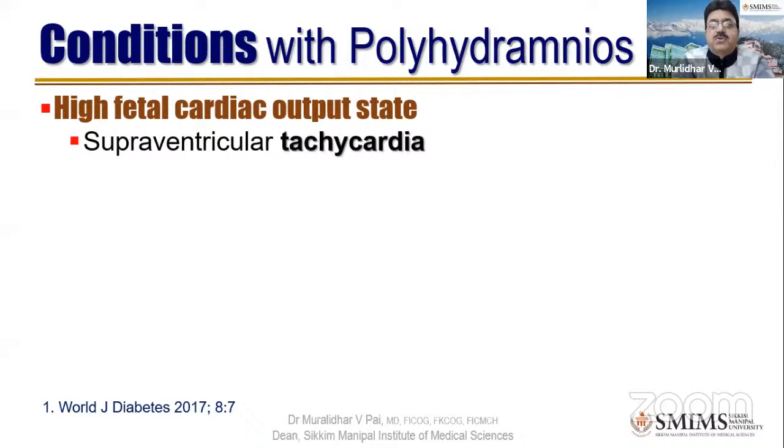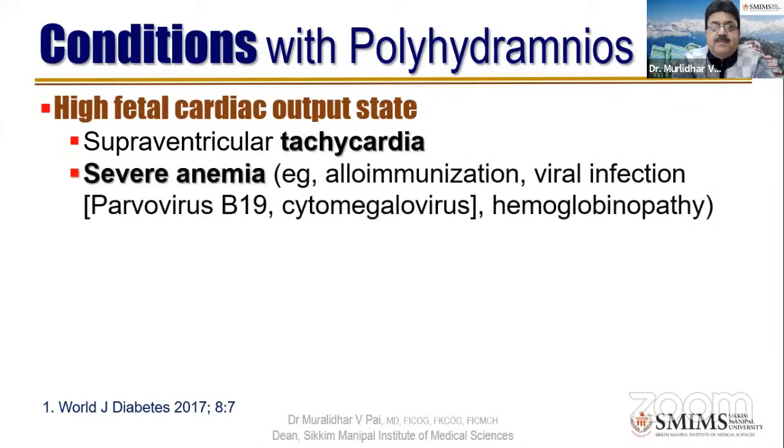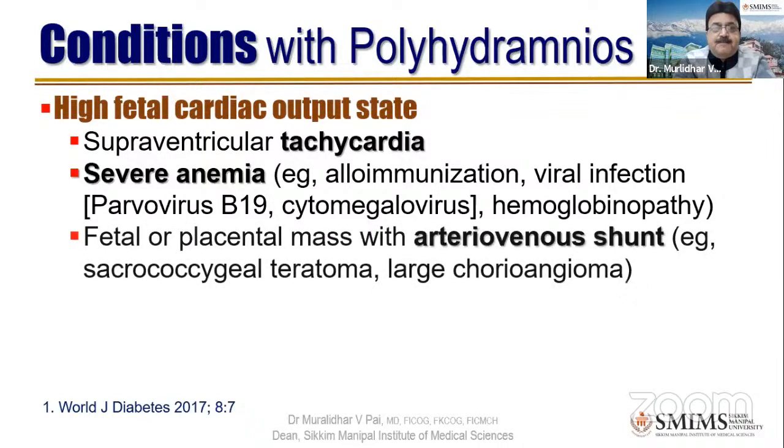It could be due to supraventricular tachycardia or severe anemia, as seen in case of autoimmunization, viral infections, especially parvovirus B19 and cytomegalovirus, and hemoglobinopathies. Fetal or placental mass with arteriovenous shunt, for example, sacrococcygeal teratoma, large chorioangiomas, where there are arteriovenous shunts, they will also have a high fetal cardiac output state.